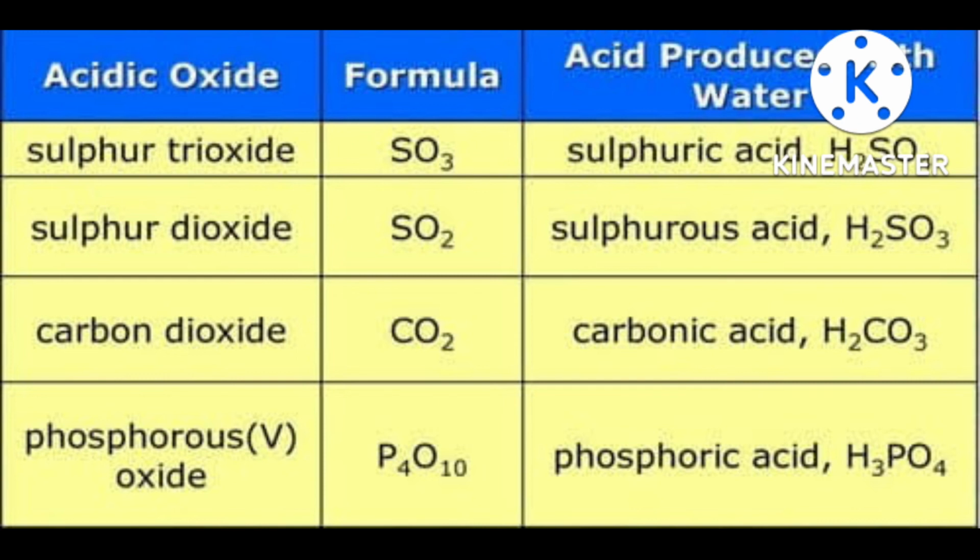And if it is from the right side, p block side, then that will be acidic. Now I am telling you, listen carefully. The normal oxide formed by the element on extreme left is the most basic.